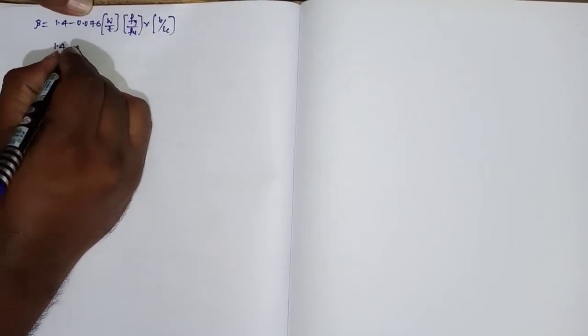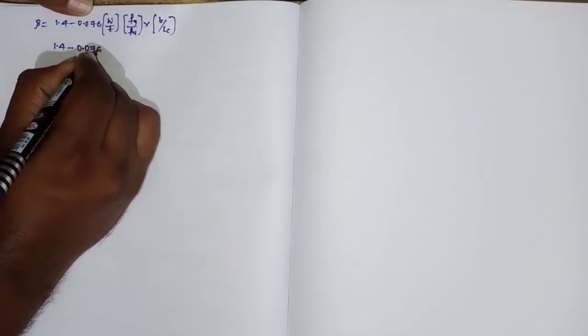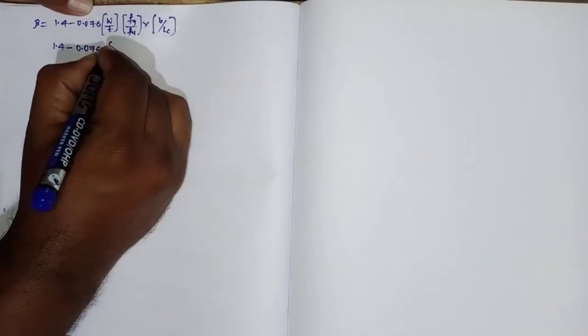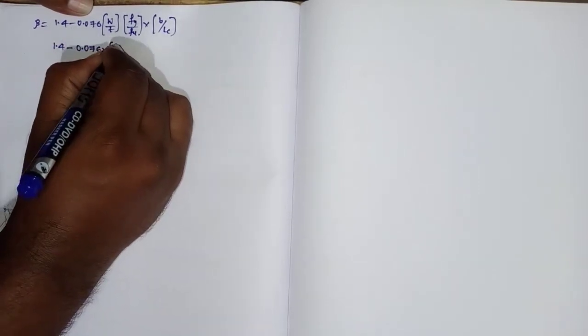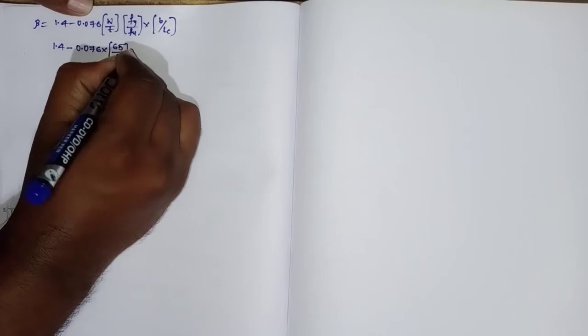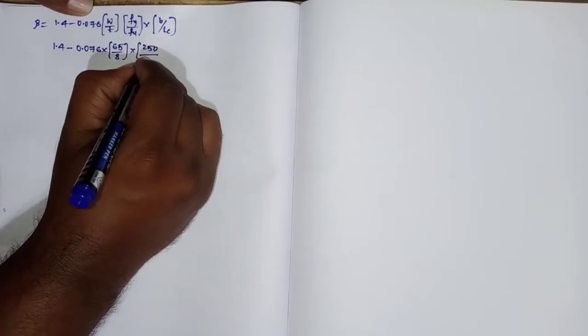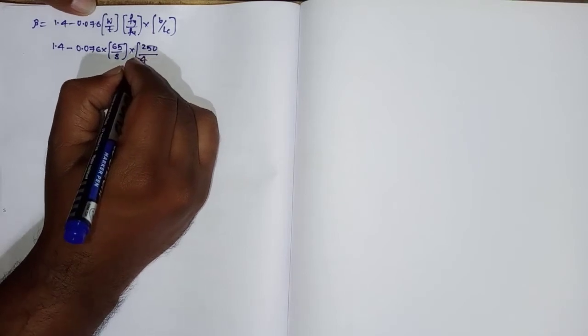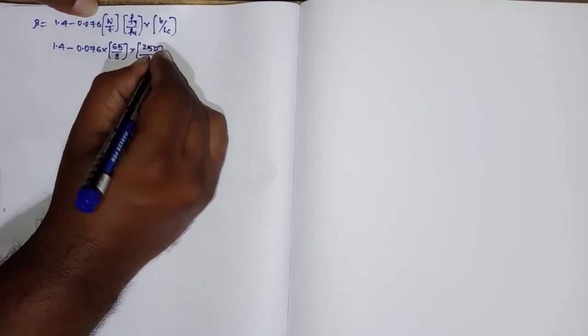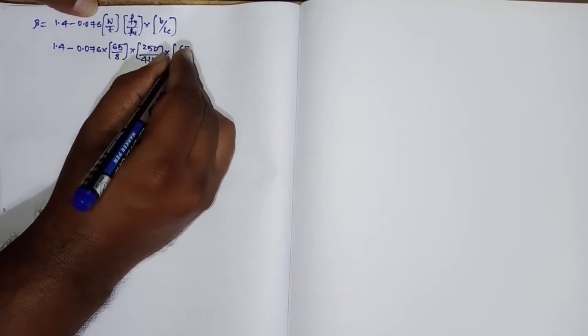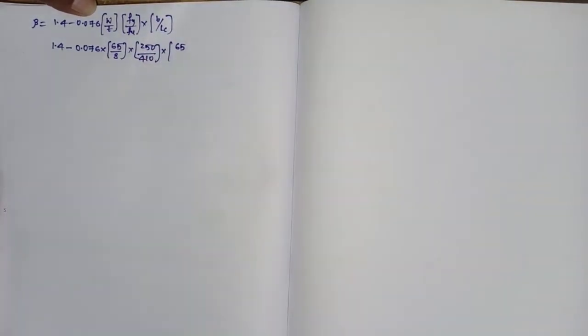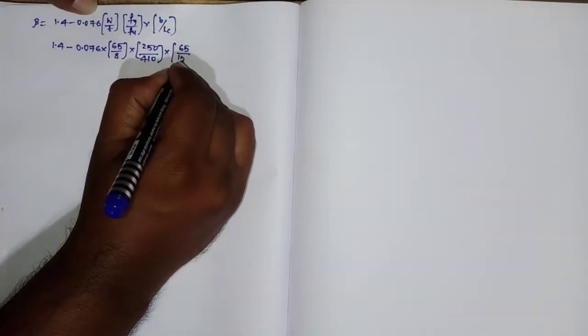1.4 minus 0.076 into, what is W? 65 divided by 8, into Fy is 250 by Fu is, I think, 410, into 65 by, what is the length of weld, it is given as 150.